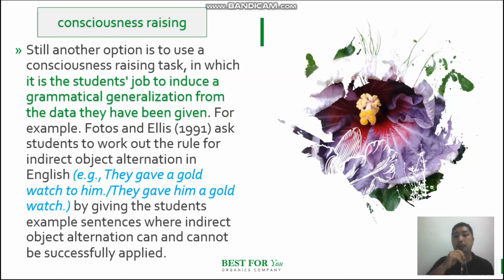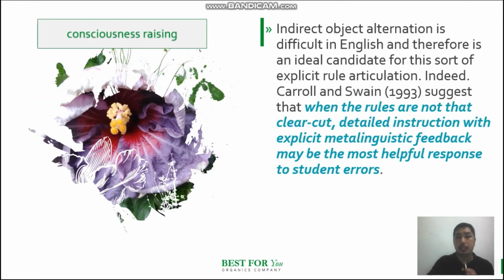For example, Fotos and Ellis ask students to work out the rule for indirect object alternation in English. So, they gave a gold watch to him. They gave him a gold watch. By giving the students example sentences where indirect object alternation can and cannot be successfully applied, you provide a lot of examples and then the students will come up with the generalization.